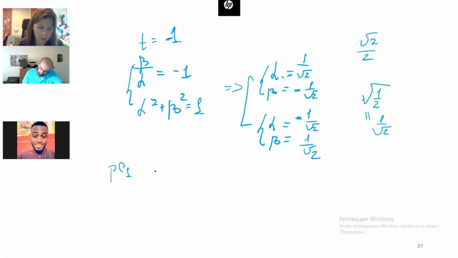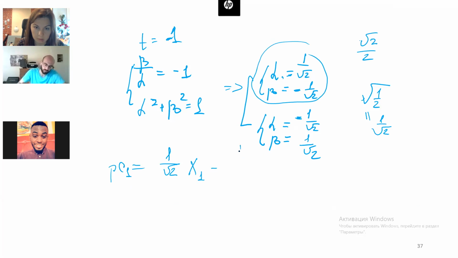Okay. So you may choose one of these solutions, for example, this one, and construct your first principal component. It will be 1 divided by square root multiplied by x1 minus 1 divided by square root multiplied by x2. It will be your first principal component.